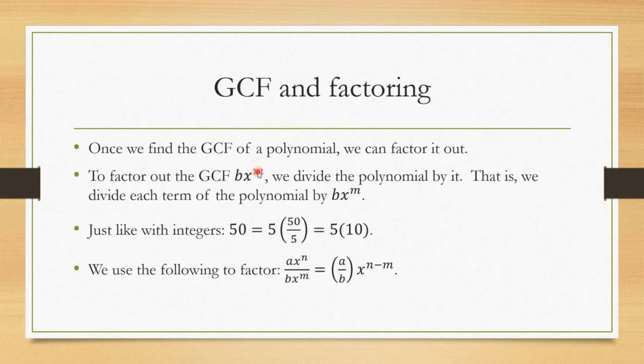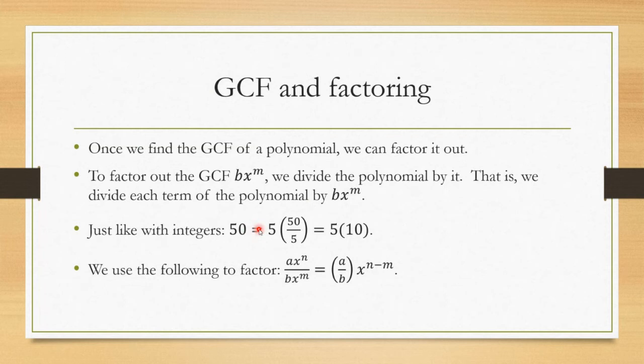But what do I mean by factoring it out? We're dividing by it. To factor this term out, you put it in front with parentheses, and to get what's left over, you divide. It's just like when you factor a number, an integer like 50, let's say.